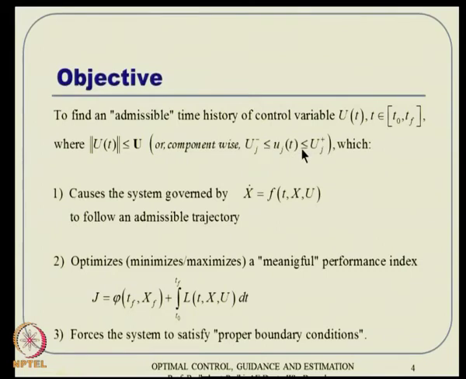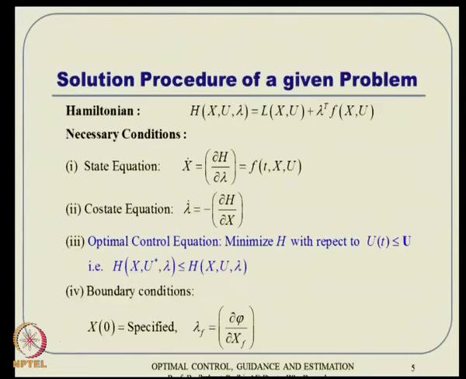So, the outcome of the analysis last class is this. You can still define the Hamiltonian the regular way, and most of the conditions are still satisfied. The state equation is satisfied, the costate equation is satisfied, as well as the boundary condition. The only difference is in the optimal control equation. We can't write del H by del u equal to 0 and solve for the control.